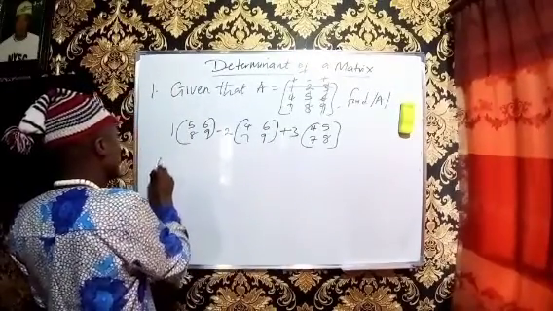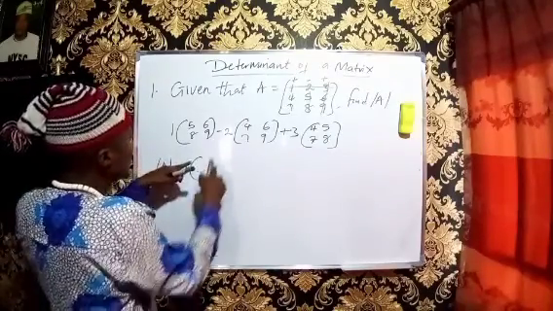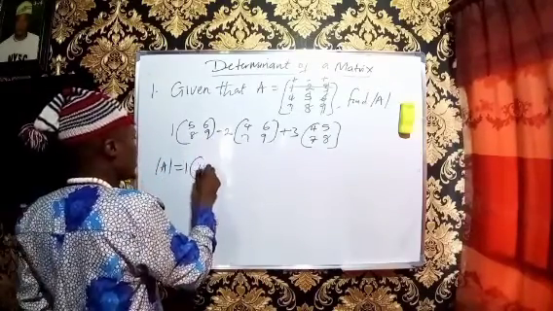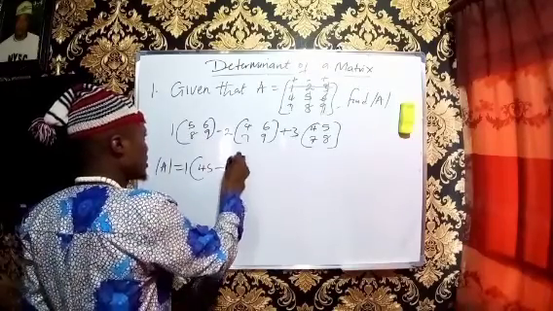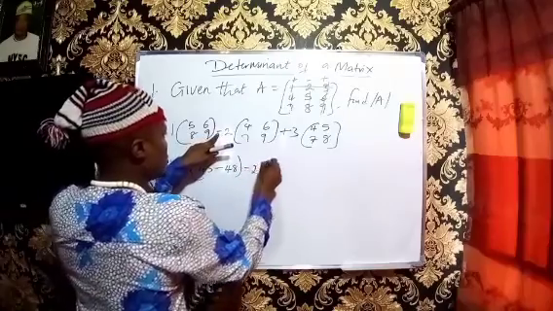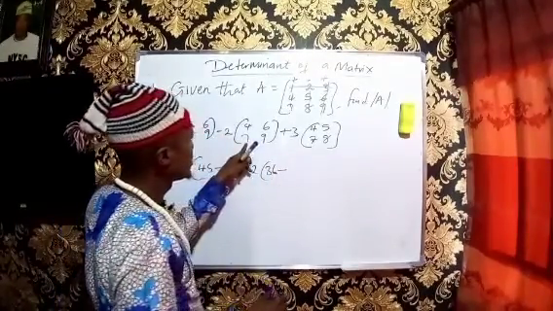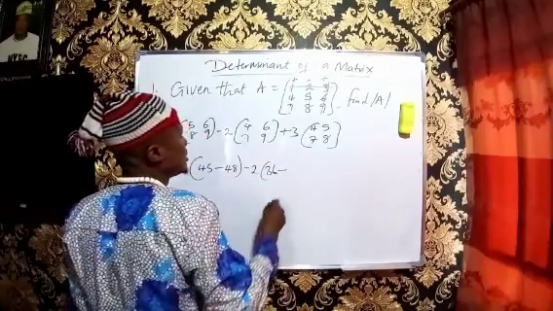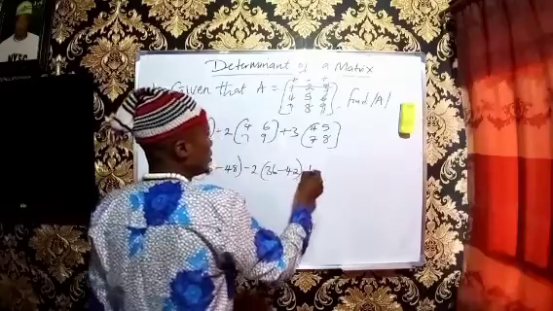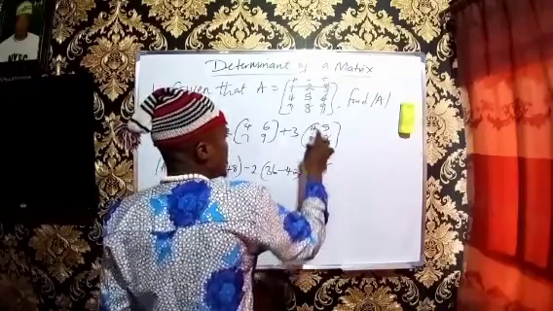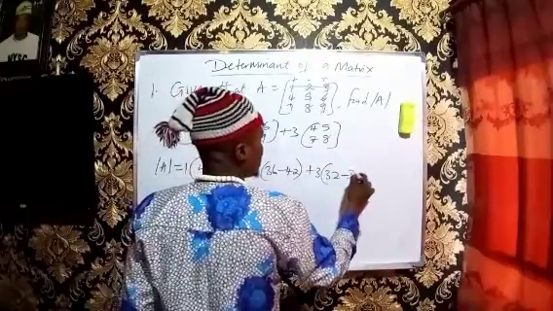So this gives us that determinant of A equals 1 times 9 times 5 is 45 minus 8 times 9 is 48, then minus 2 times 9 times 4 is 36 minus 7 times 6 is 42. Okay, plus 3 into 8 times 4 is 32 minus 7 times 5 is 35.